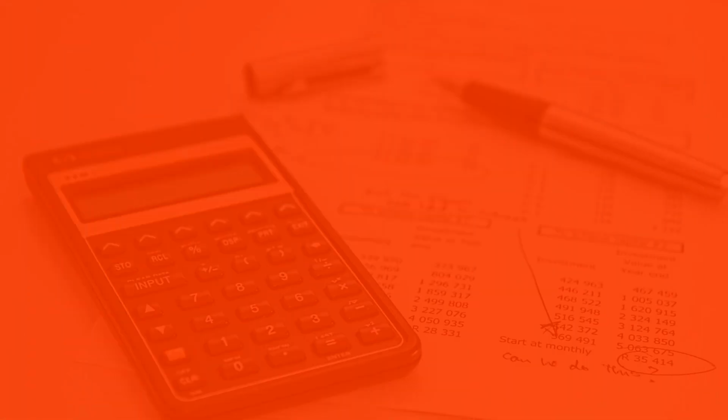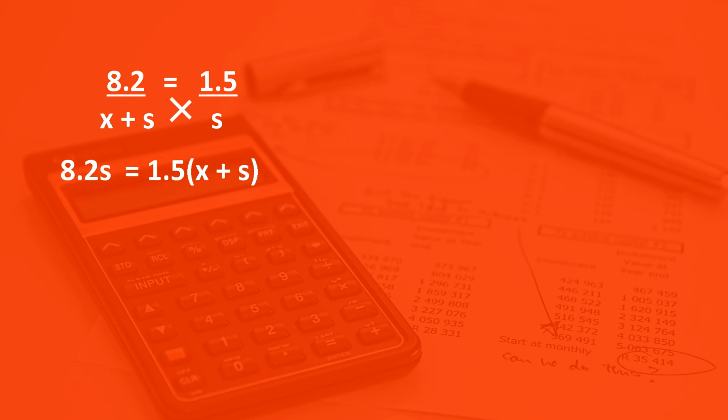The next thing that we're going to do is to simplify the equation. So, we are going to cross multiply: 8.2 times s and 1.5 times x plus s. Therefore, 8.2s will be equal to 1.5 times the quantity x plus s. So, just simply distribute the quantity x plus s.